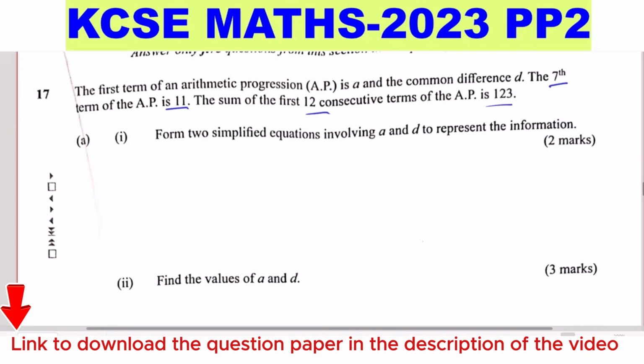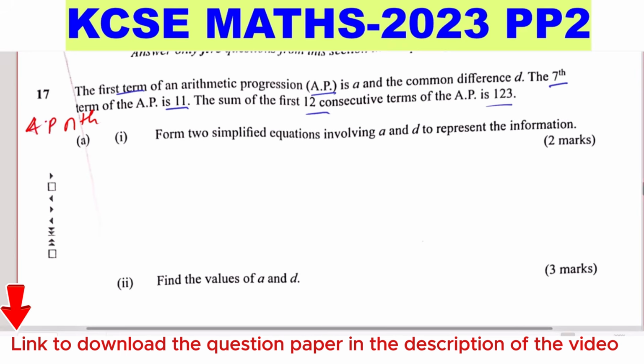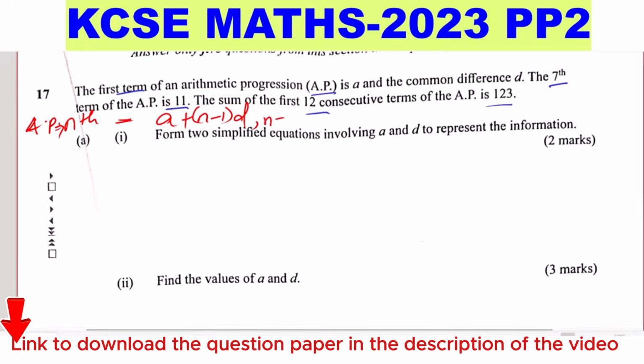So the first term of an AP is A, the common difference is D, the seventh term is 11. The first thing that you need to understand is how do we get the nth term of an AP? It is given by A plus n minus 1 D. For instance, if you want to write the seventh term, n will be 7.